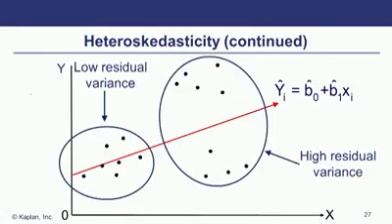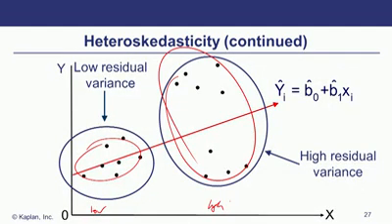Notice on the horizontal axis we've got the independent variable. At low values of x, notice how the variance of the error is relatively low, so the observations are closely clustered around the regression line. At high values of x, as x increases, this variance expands, so we've got the dots scattered widely around the regression line.